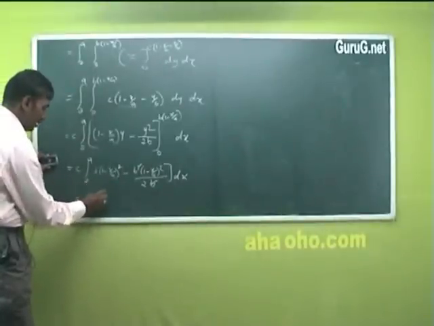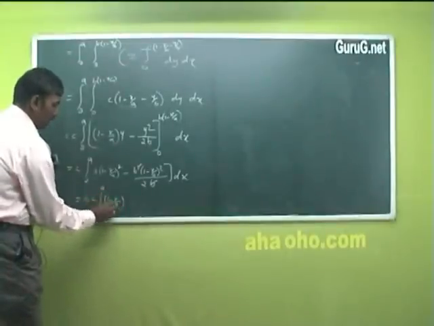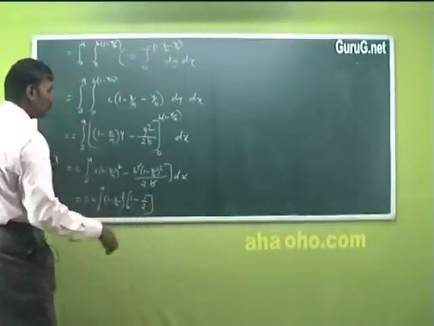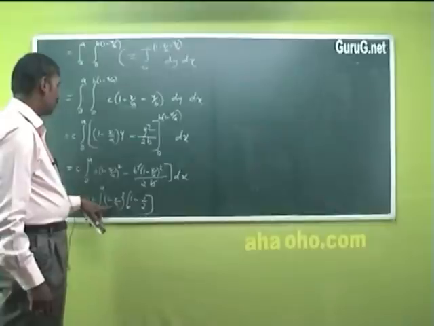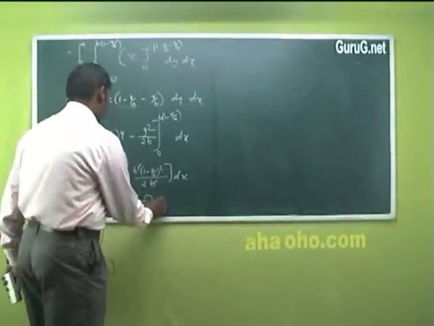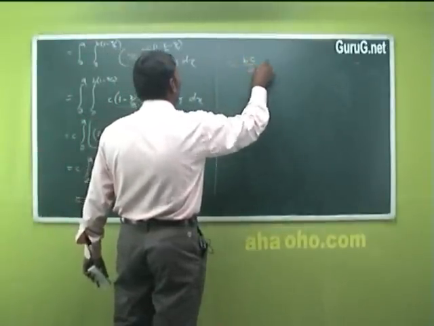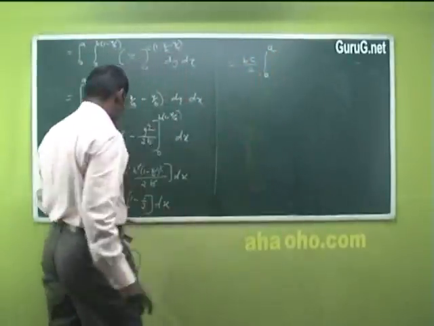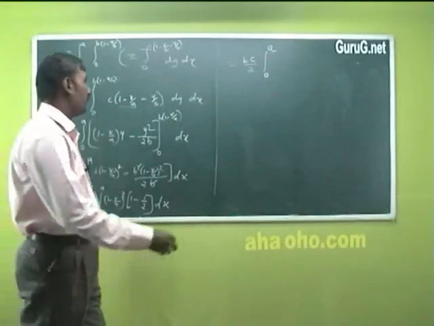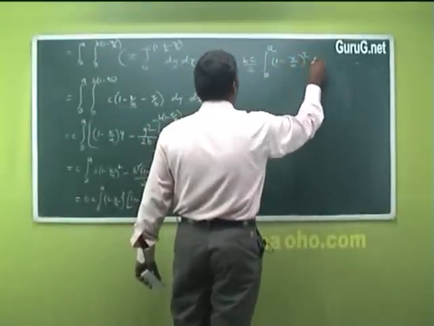So bc integral 0 to a, 1 minus x by a the whole square into 1 minus 1 by 2. Taking this outside, here 1 minus 1 by 2 gives 1 by 2 into dx. So bc by 2 integral 0 to a, 1 minus x by a the whole square dx.